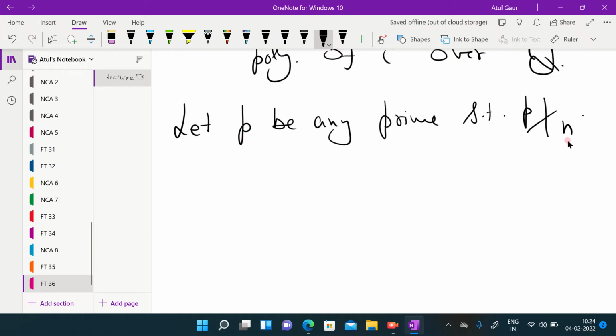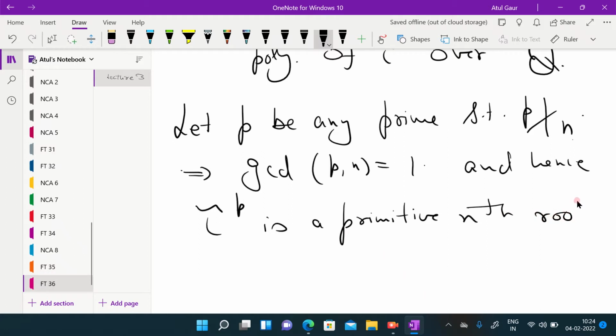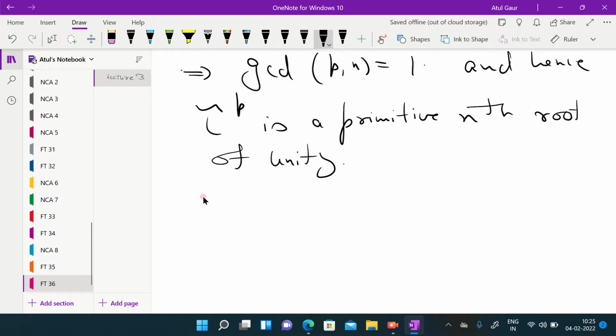Because p does not divide n, GCD of p and n is 1, and hence τ^p is a primitive nth root of unity. Now a primitive nth root of unity is a root of which polynomial? Φn.